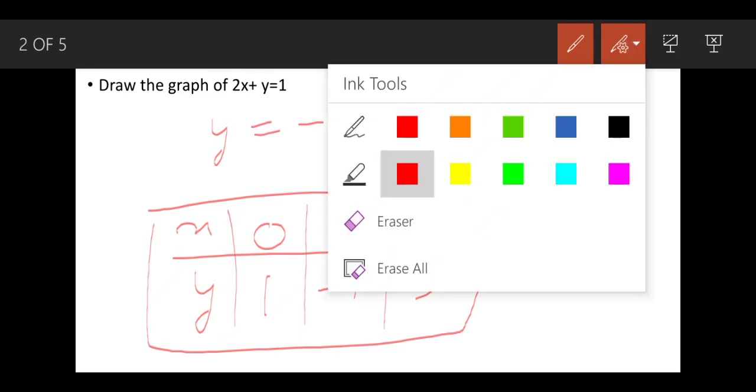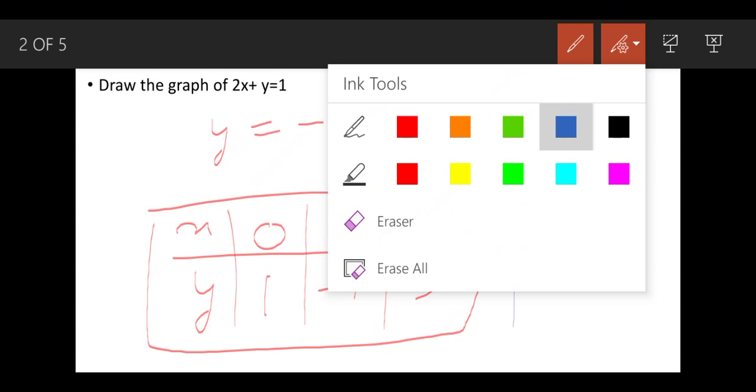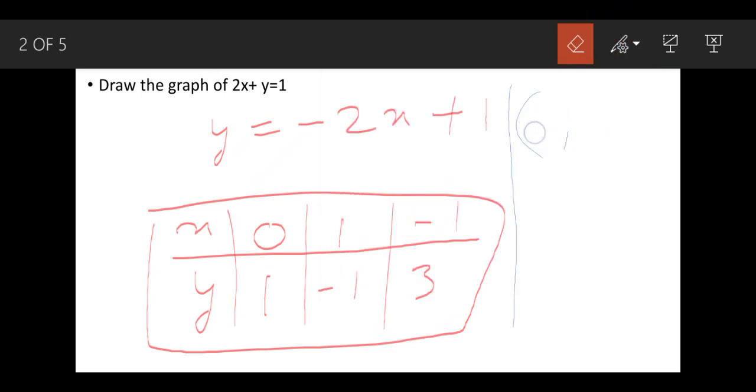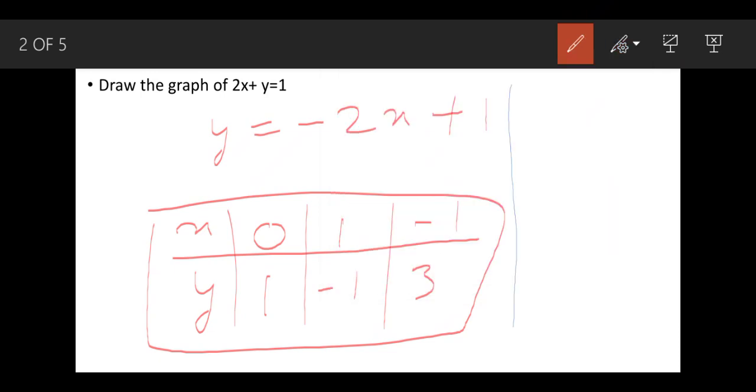Now, after getting these three values, we get the coordinates 0 comma 1, 1 comma minus 1 and minus 1 comma 3.